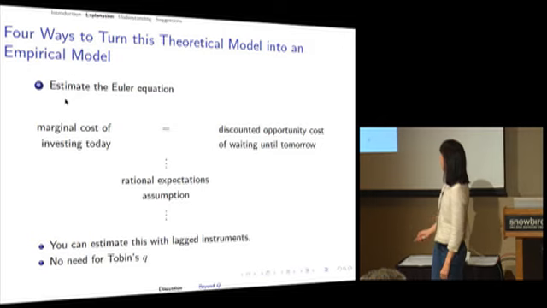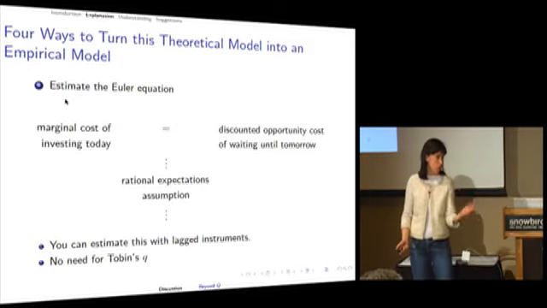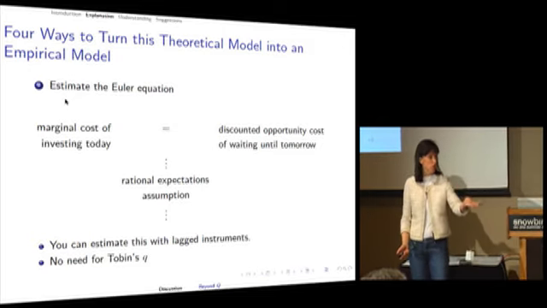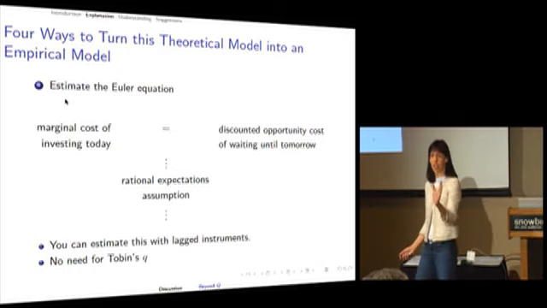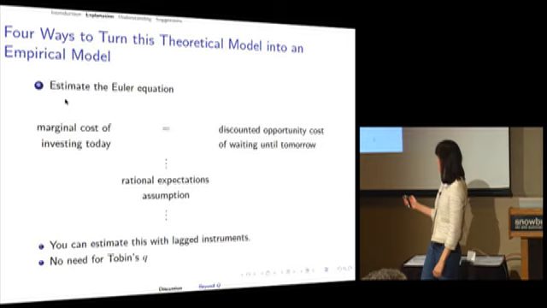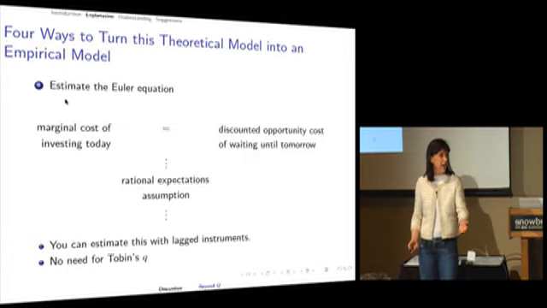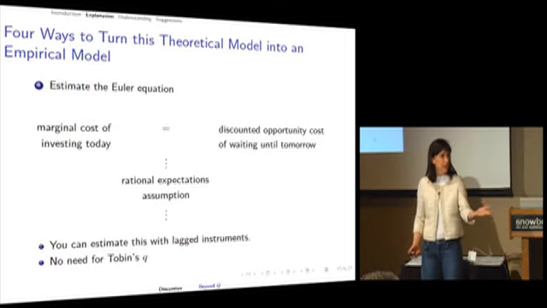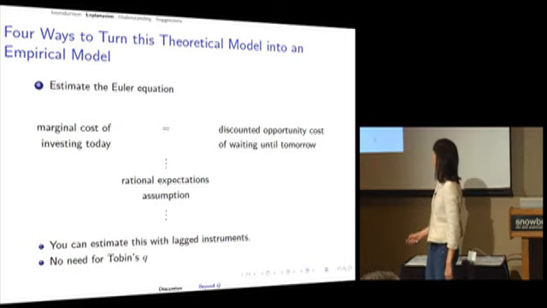The other thing you can do is estimate an Euler equation. That's a different marginal this equals marginal that. It's the marginal cost of investing today equals the opportunity cost of postponing investment to tomorrow. If you make a rational expectations assumption, then you get an error term, and you can use lagged instruments to estimate it. There's no need for Q here. But you see, in both cases, theory is giving you the error.